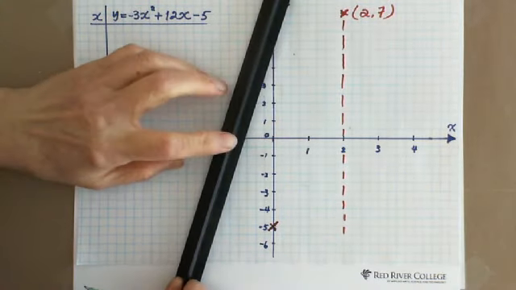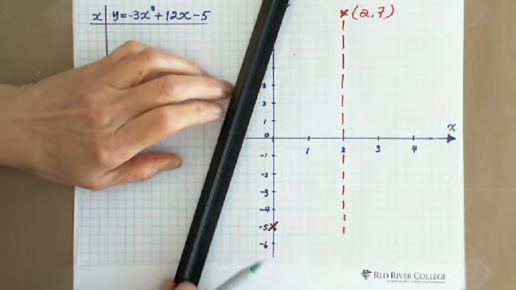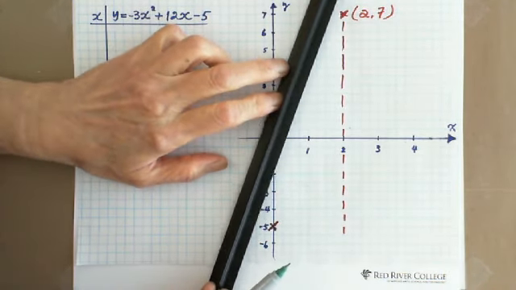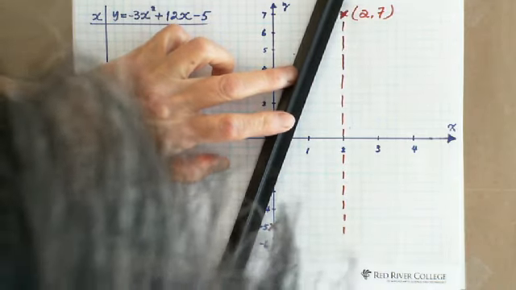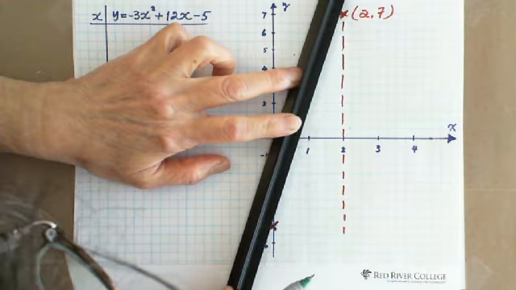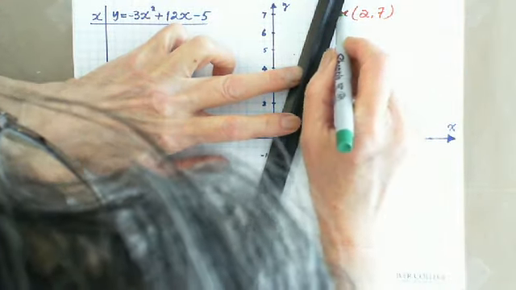If we join these 2 points with a straight line, actually the parabola is not a straight line, it's curved, but let's predict as if it were a straight line: what is the x value here?